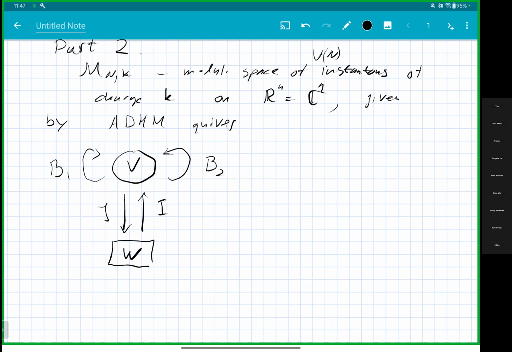V is a vector space of dimension K, and W is a vector space of dimension N.